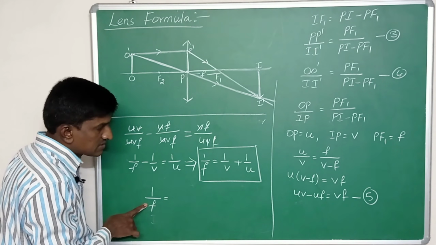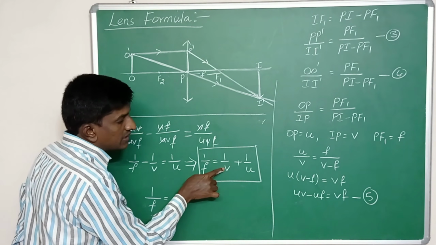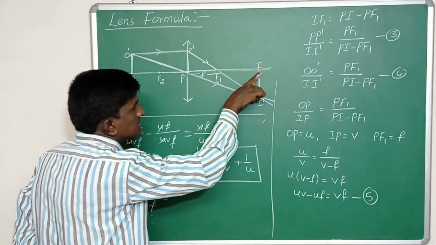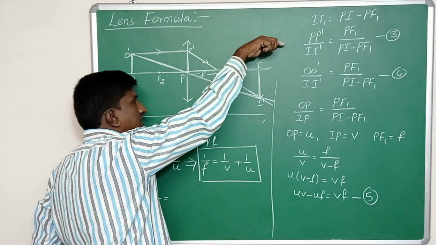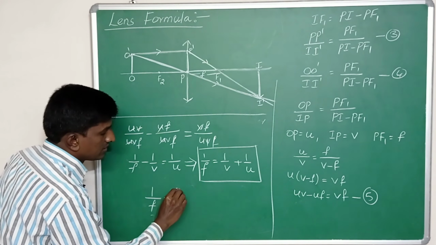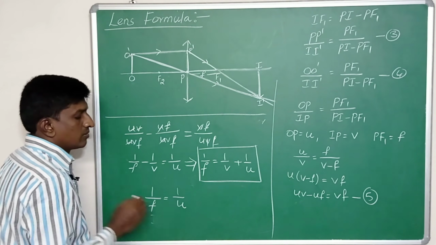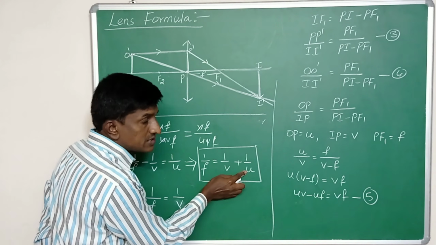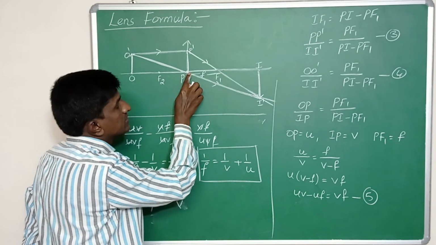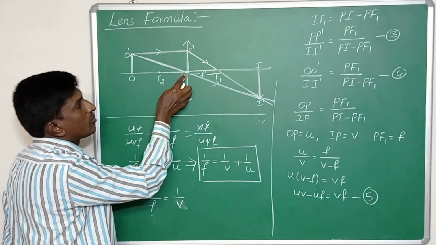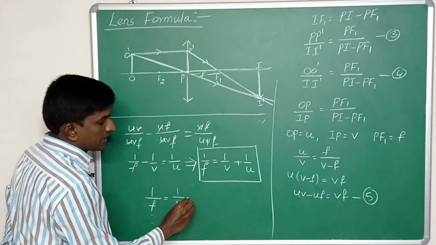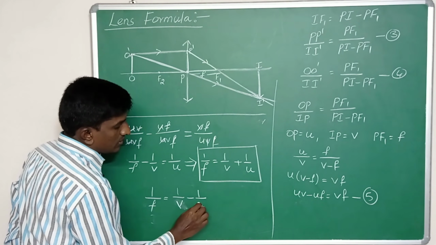Next, the distance of the image is also positive because we are measuring in the direction of the incident light ray. And the distance of the object: we are measuring opposite to the incident light ray, so this value should be taken as negative, minus u, so 1 by u becomes minus 1 by u.